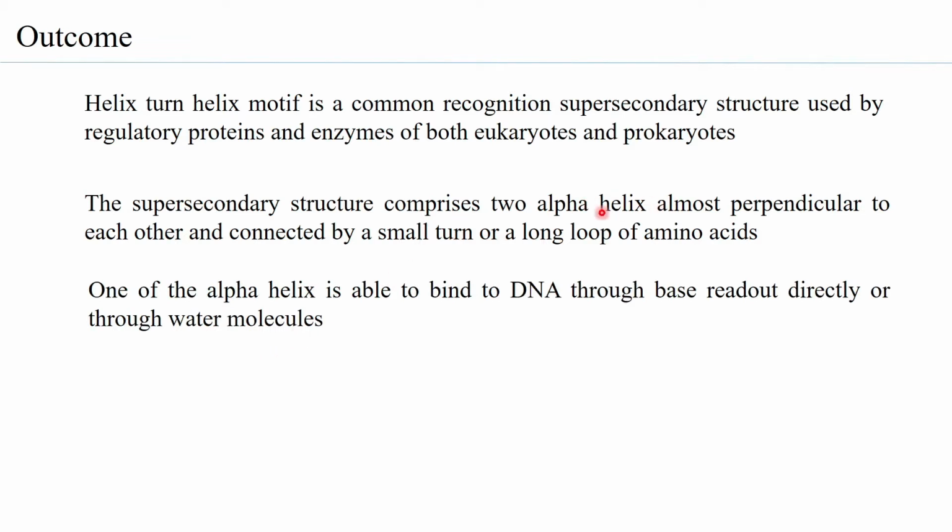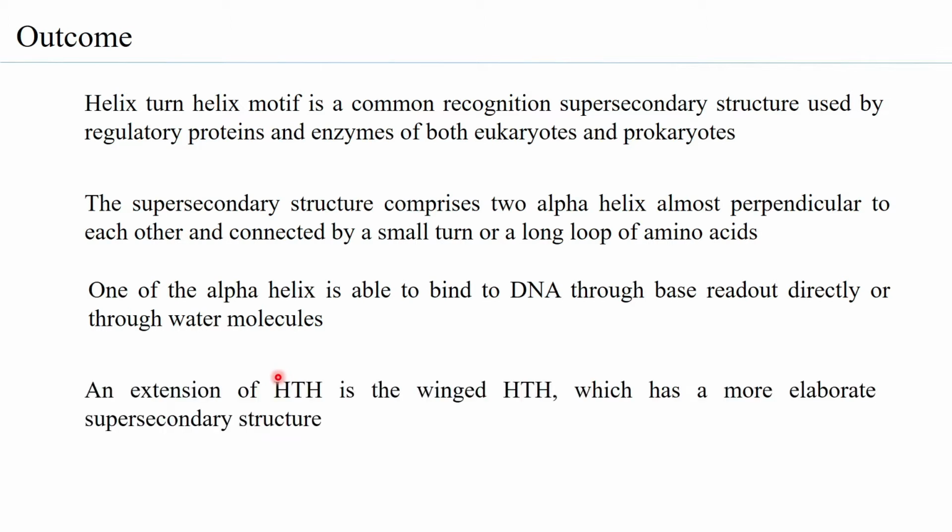Of the two alpha helices, one is able to bind to the DNA and actually read the nucleobases, what is known as the base readout. Or it can interact with conserved water molecules that are associated with the DNA and indirectly bind to the nucleobases. That is something that has been observed with respect to the helix turn helix motif.